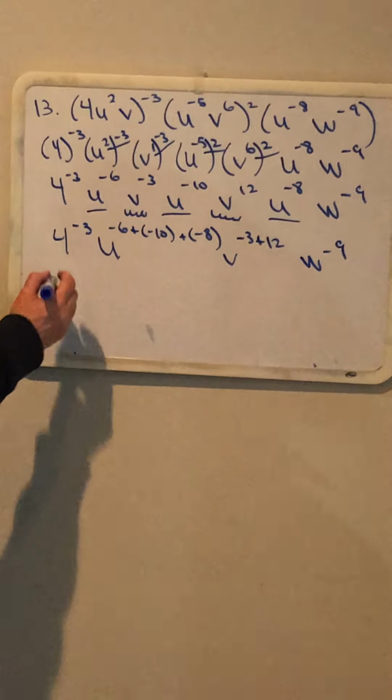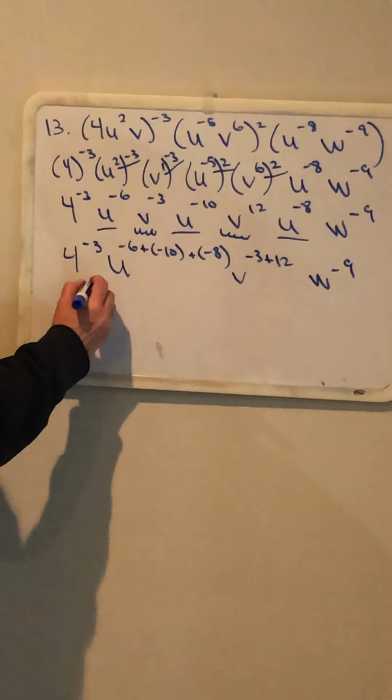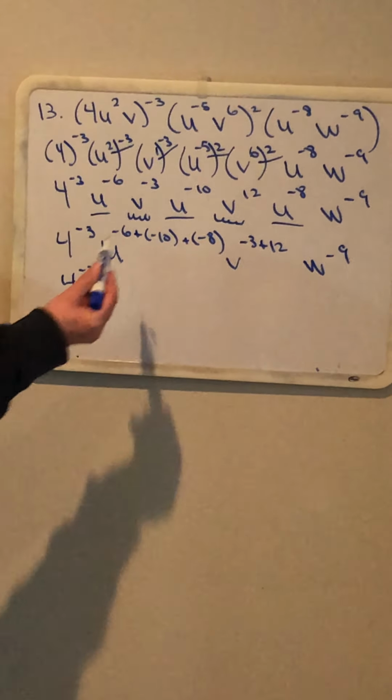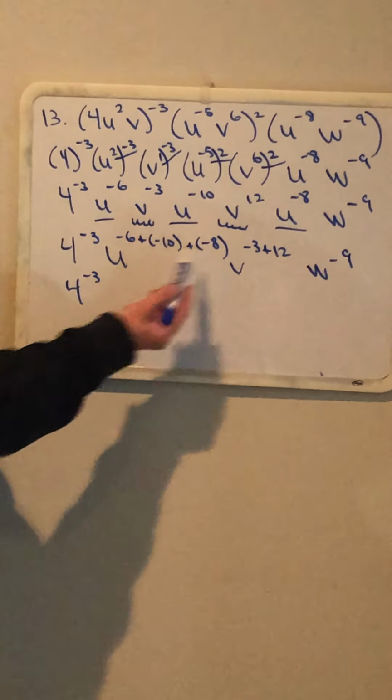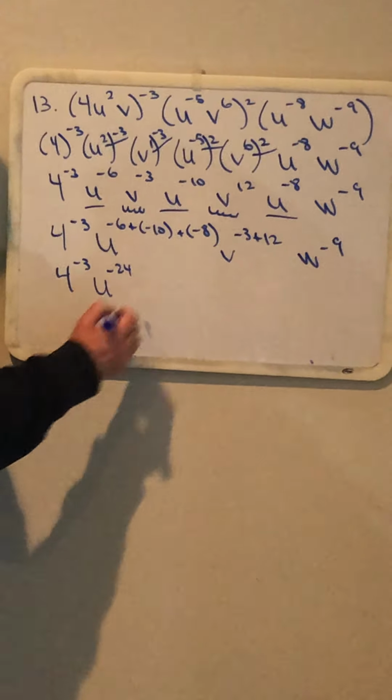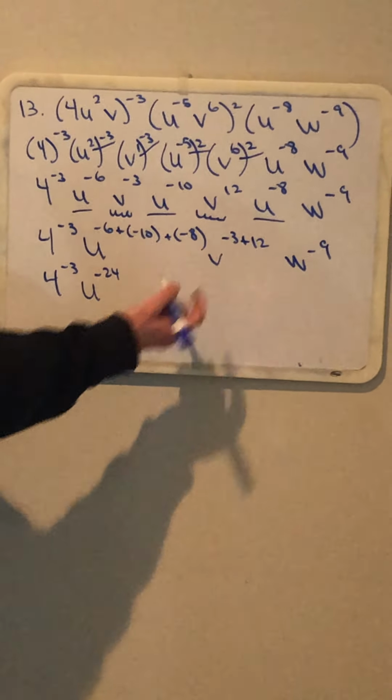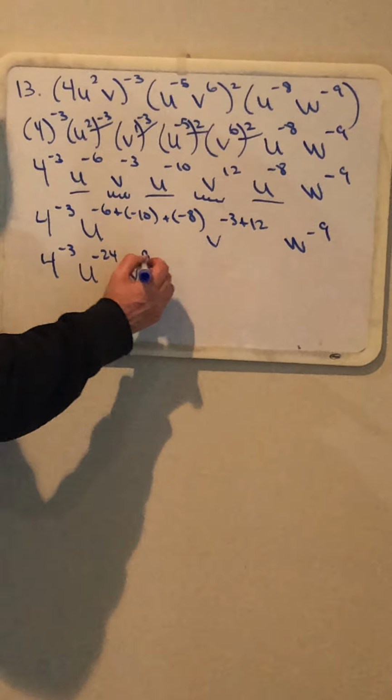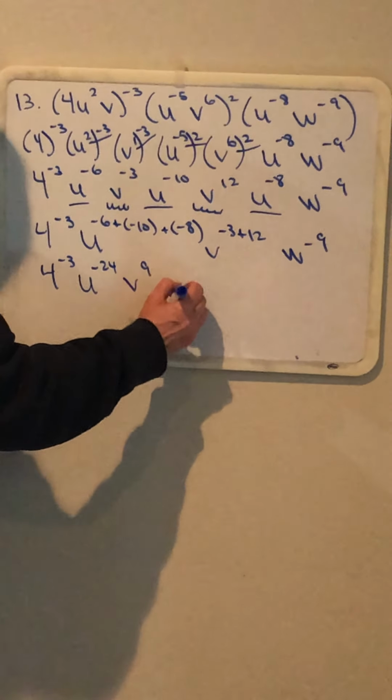Okay, so now we have 4 to the negative third. When I add up all the u's, I get negative 24, so u to the negative 24th. When I add the v's, I get v to the 9th, and w has not changed.